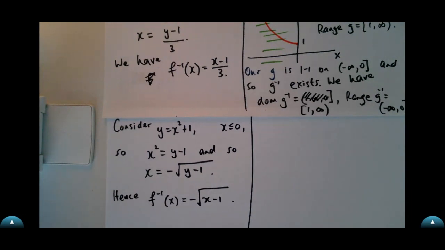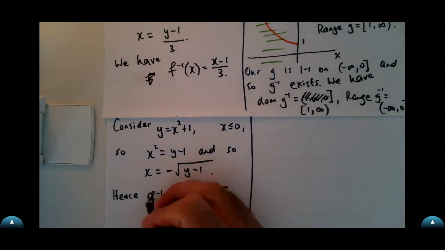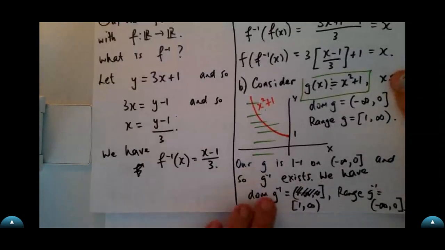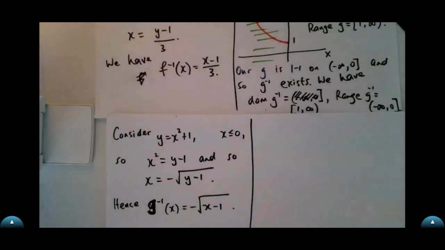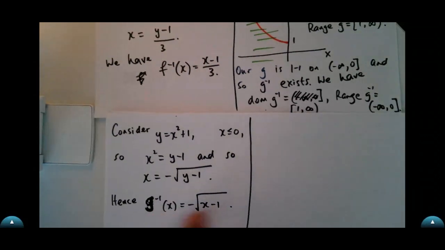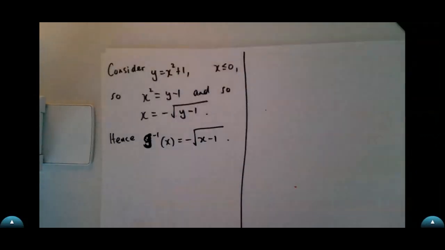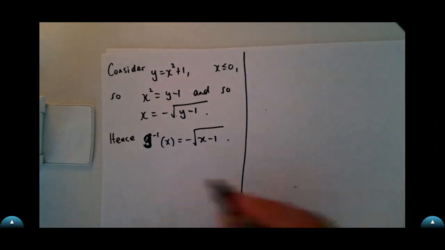Last part of the question, they want us to compute the derivative of, oh, hang on, did I put f there? Oh, I should put g there just to be consistent. I had g and g inverse there, so I should be consistent. All right, last part of the question, compute the derivative. So let's just differentiate that and we can finish off the question.